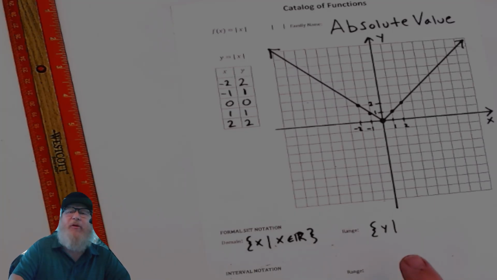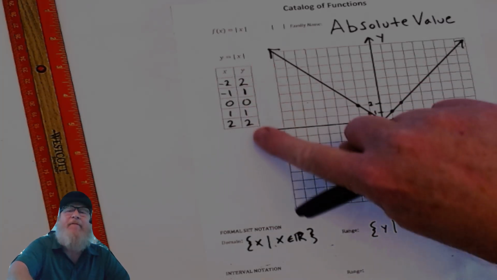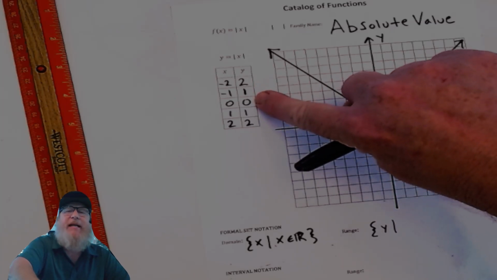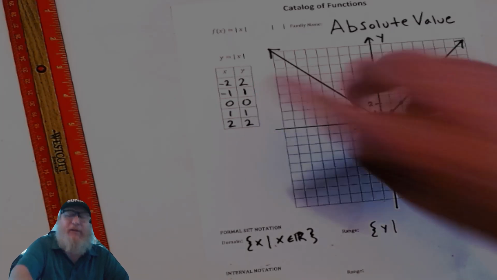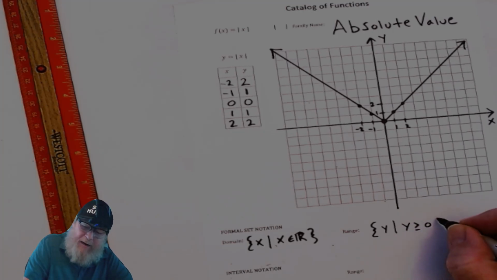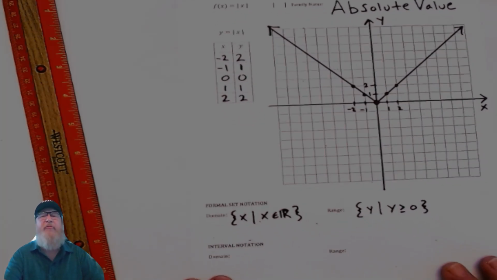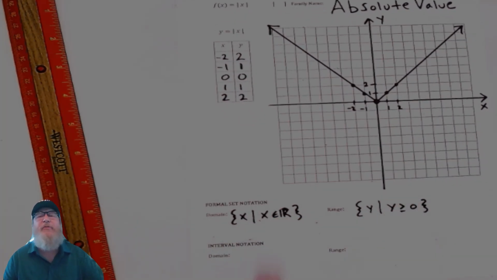Now be careful. y is not all real numbers. Look over here at the y values and you'll notice that 0 is the smallest y value. So y is greater than or equal to 0. So that's what we call the formal set notation for the domain and the range.